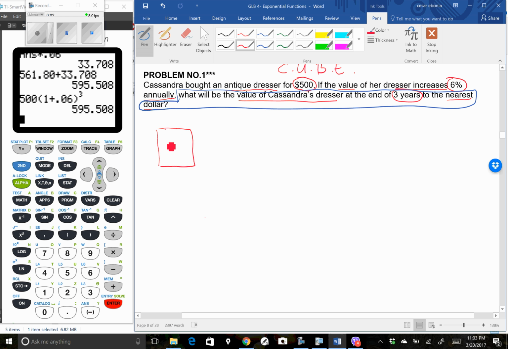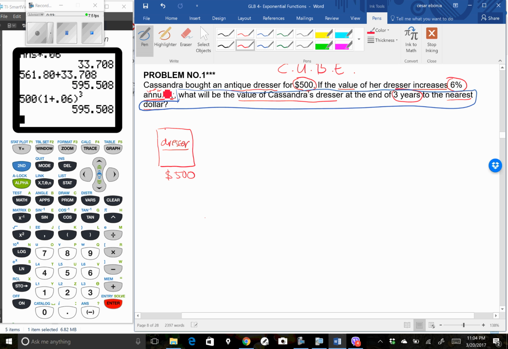This is our dresser, and it costs $500. Now, the value of her dresser increases 6% annually. Annually means yearly, every year.